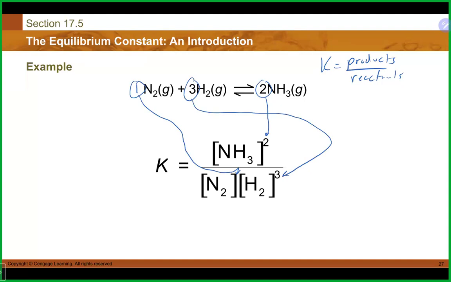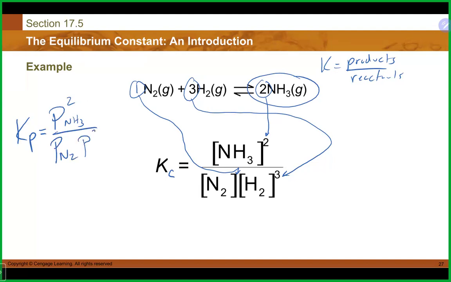Once again, as I mentioned before, this would be considered a Kc value, for concentration, which is what the C stands for. These are all gases. As I mentioned a second ago, you could actually write a Kp value. Again, it works the same way. You're going to go products, which is this: the partial pressure of NH3 squared, divided by the partial pressure of N2 times the partial pressure of H2 cubed, because of the coefficient.